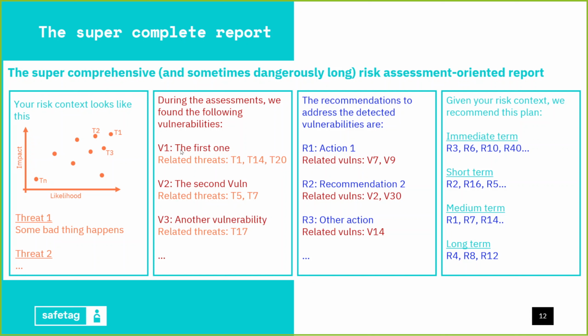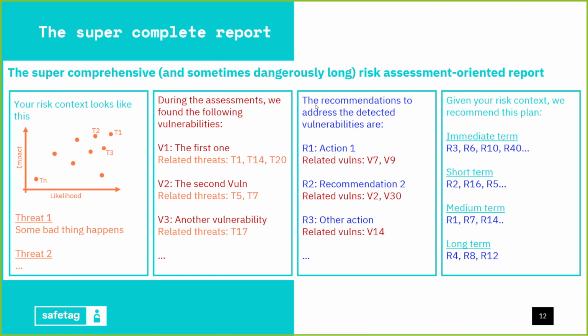And we can not only describe the vulnerabilities, but also tie them to the threats. Like, given that you have this vulnerability, this might trigger threat one and threat 14 and threat the other, no? So it gives a very approachable sense of pertinence to whatever is coming next.